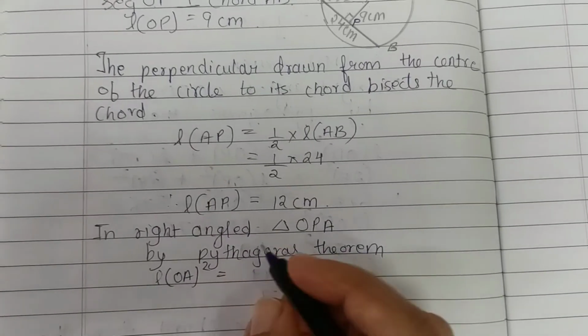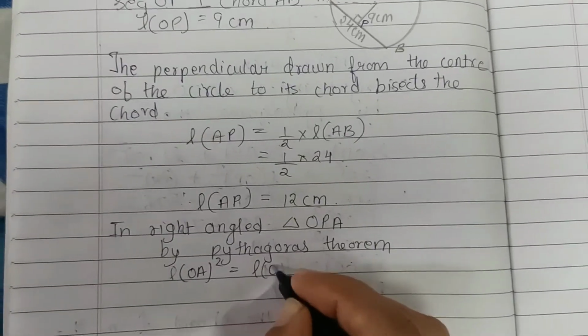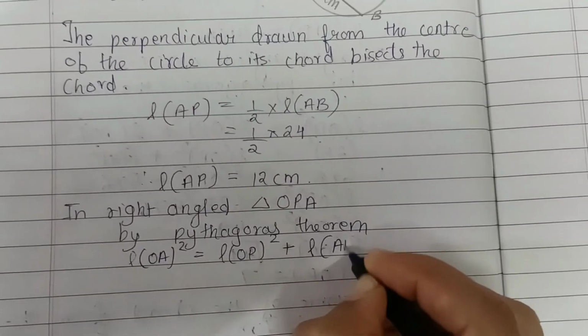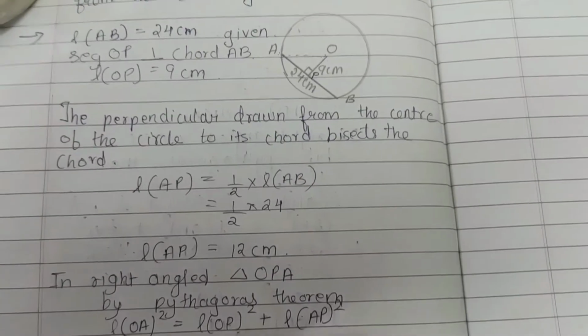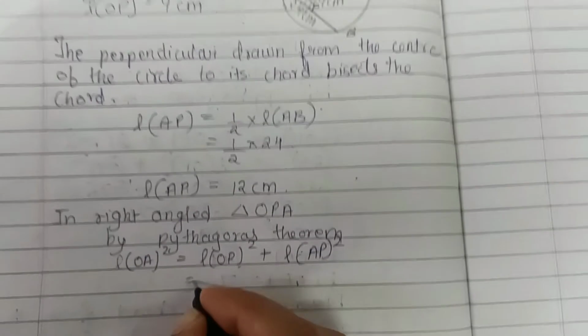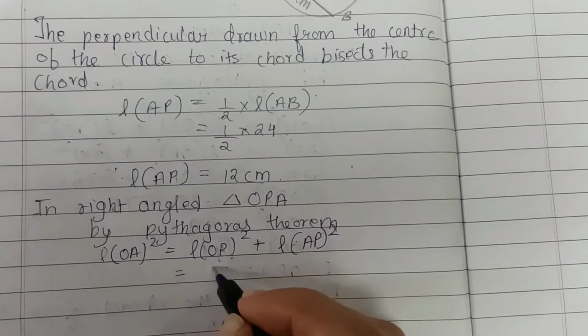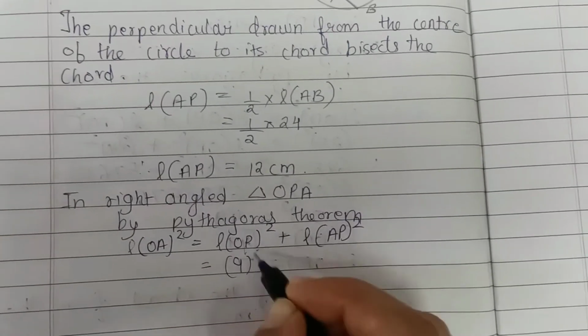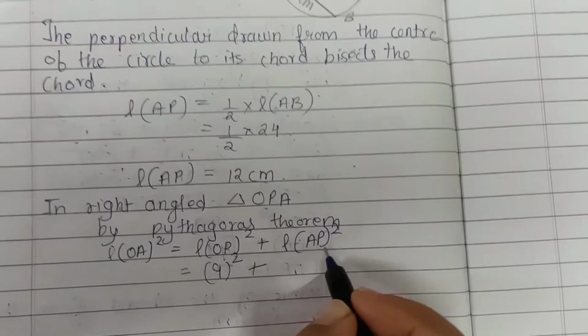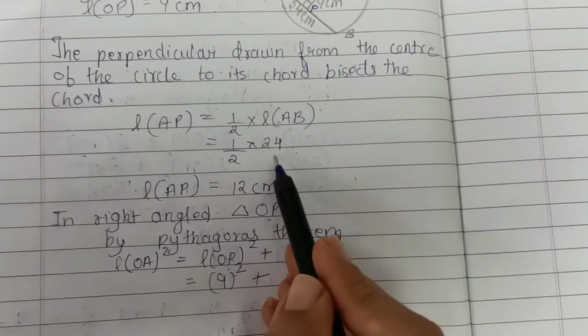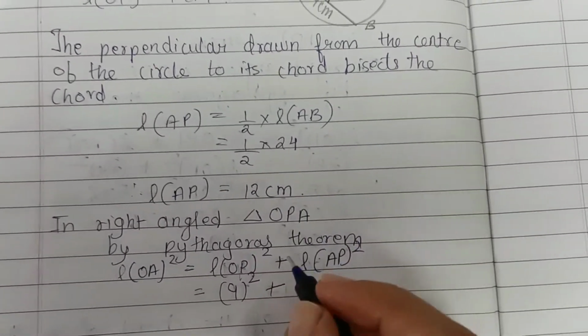OA square is equal to length of OP square plus length of AP square. So now we have OP as 9 centimeter, so I'll write down 9 square plus, now we have AP as well. AP is half of the chord, that is half of 24, that is 12 centimeter.